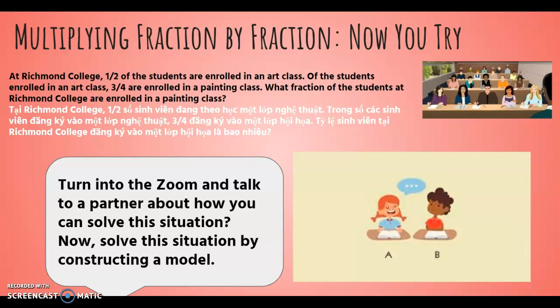All right, boys and girls, now that you have an idea of how you could solve this problem in your notebook, I want you to solve the problem. Pause the video so you can solve the problem.